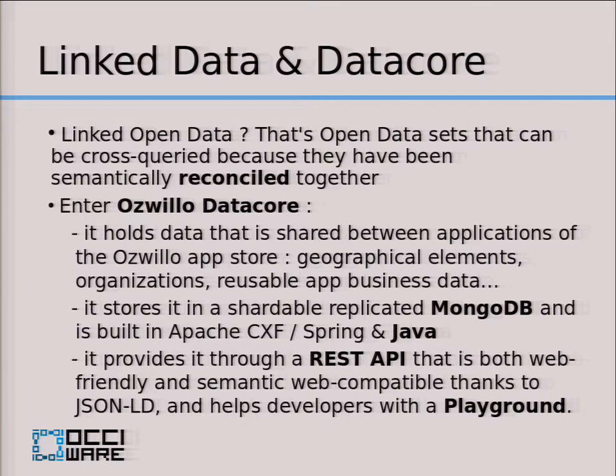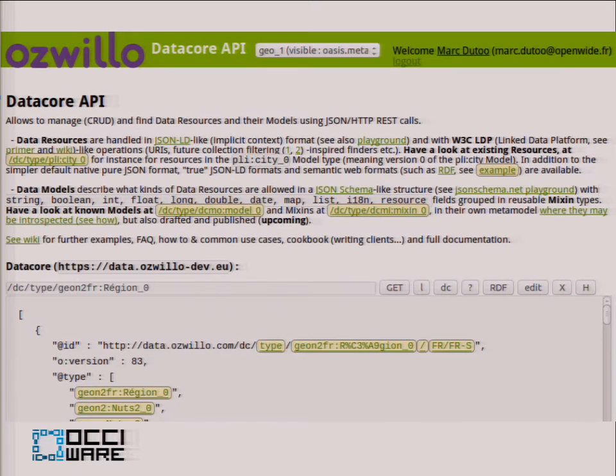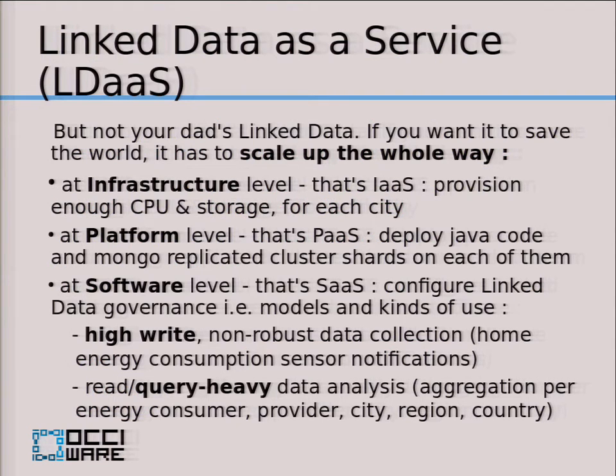It provides all this linked data through a REST API, which is both web-friendly and semantic web compatible thanks to the JSON-LD standard, a W3C standard. And it also helps developers with a playground. Here it is, the JSON-LD playground of the OCCIware data core linked data store.